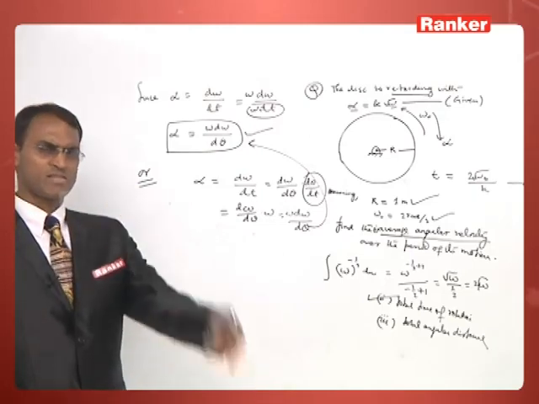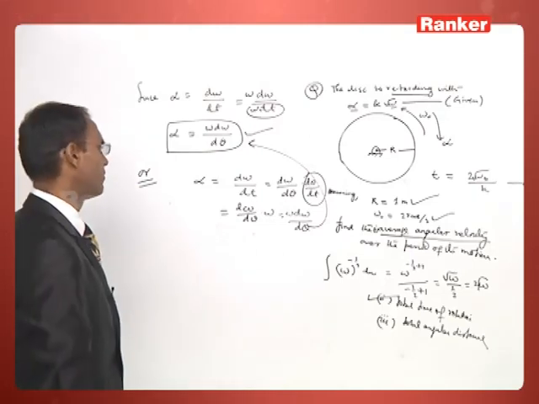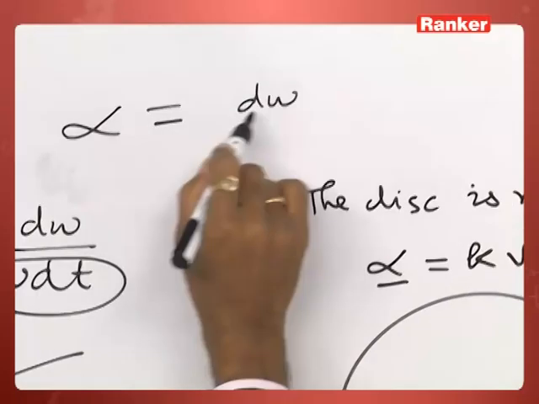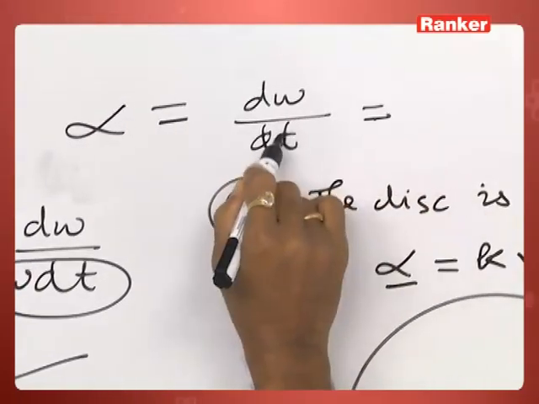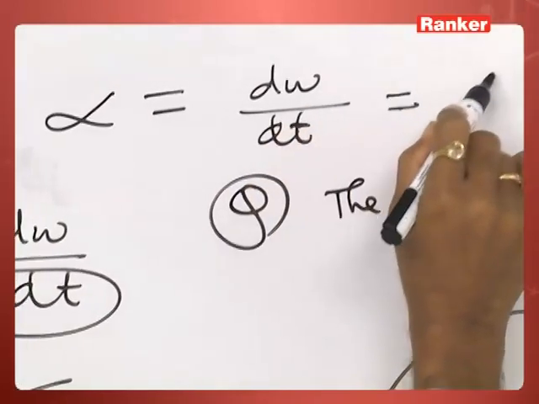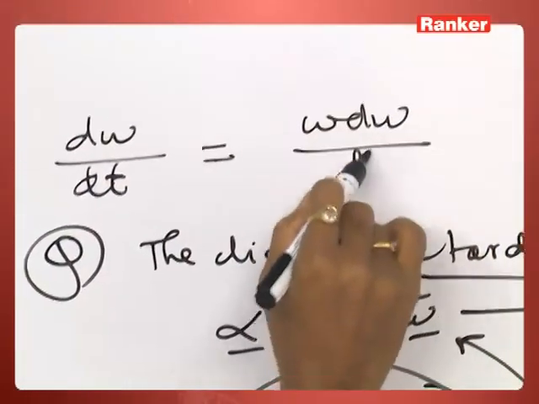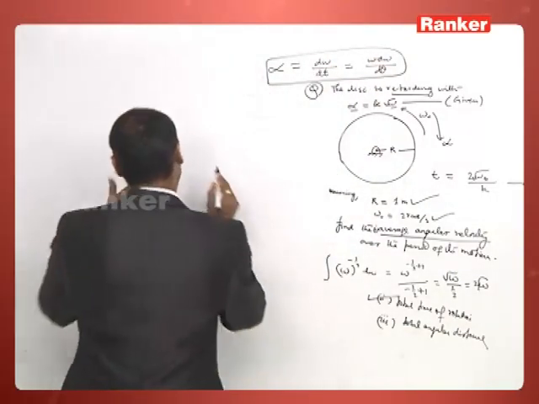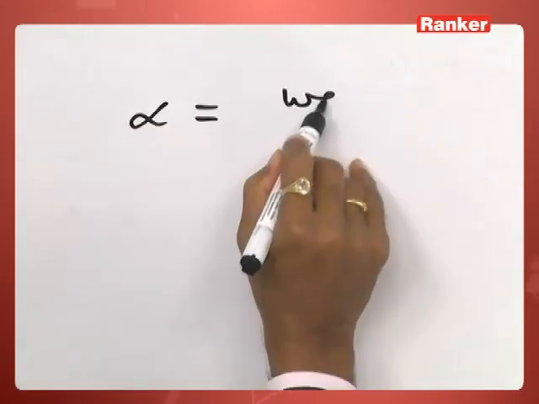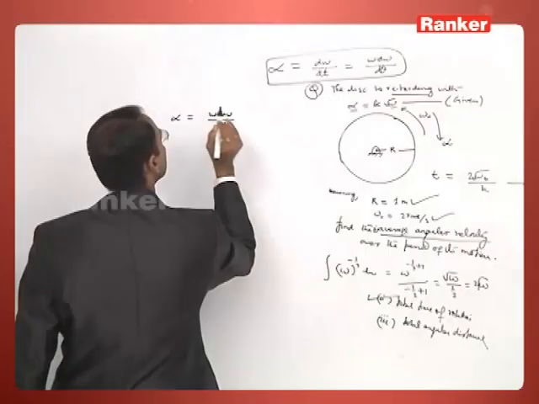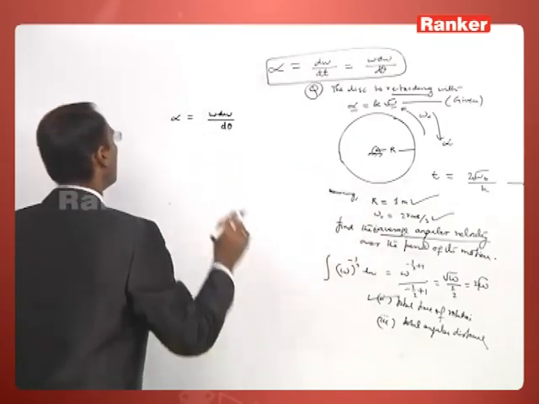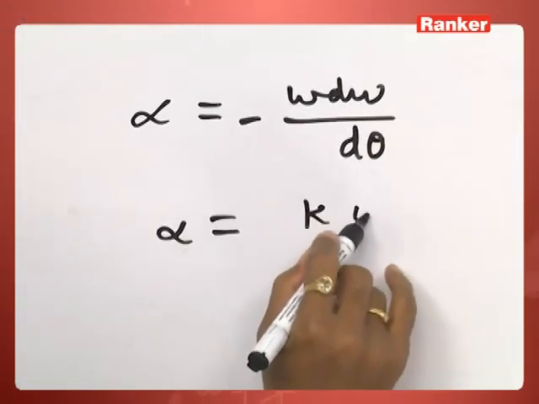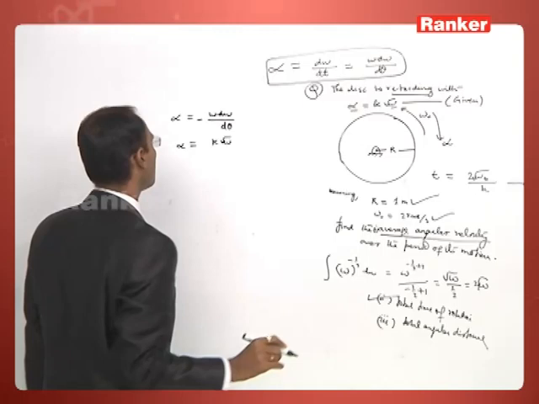So we have two expressions right now for the angular acceleration. Alpha is equal to d omega by dt in terms of omega and t, and in terms of omega and theta, alpha is equal to omega d omega by d theta. Writing alpha is equal to omega d omega by d theta, since it is retarding, you can put a negative sign, and alpha is equal to k into square root of omega.